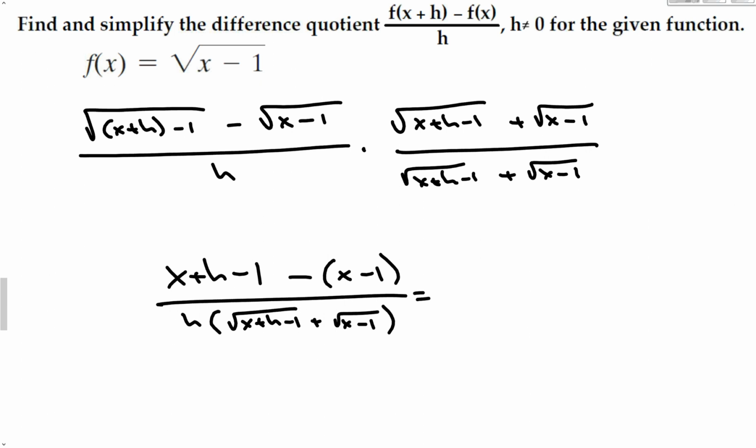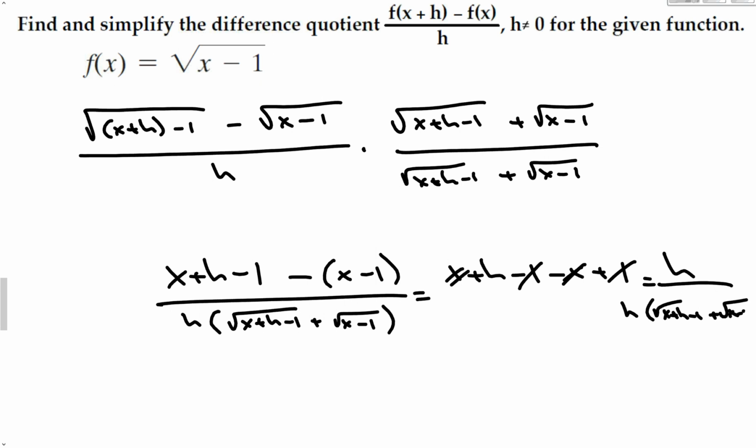Now, because I got rid of all these radicals up top, I can simplify this into x plus h minus 1 minus x plus 1. The 1's cancel, the x's cancel, and so the top is just h, over h times the square root of x plus h minus 1 plus the square root of x minus 1.